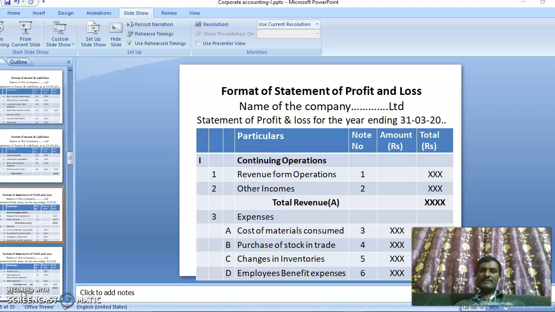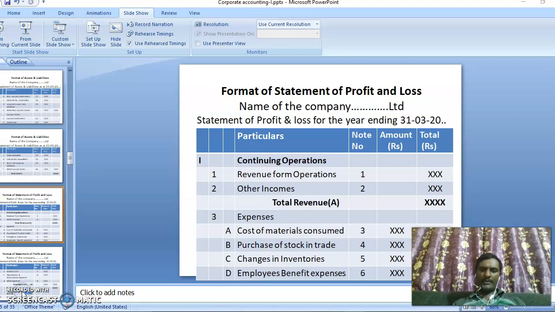And this statement of profit and loss account covers two important parts. The one part is continuing operations and another part is discontinuing operations. The continuing operations are to be computed through various stages.